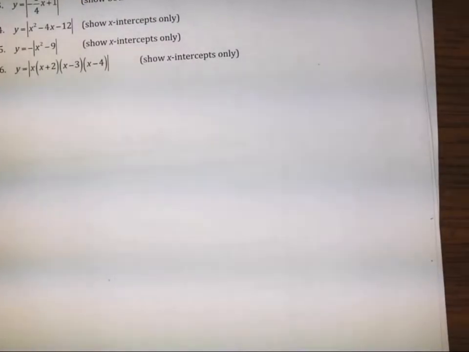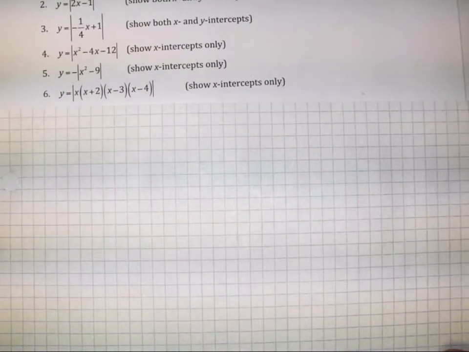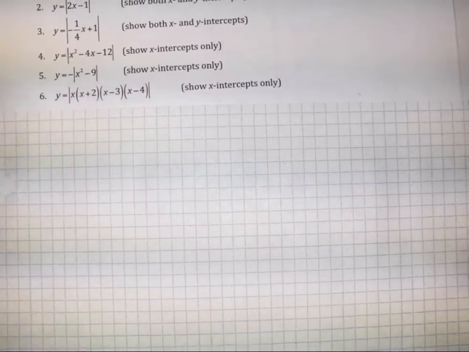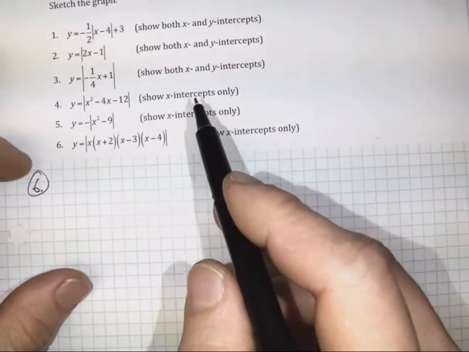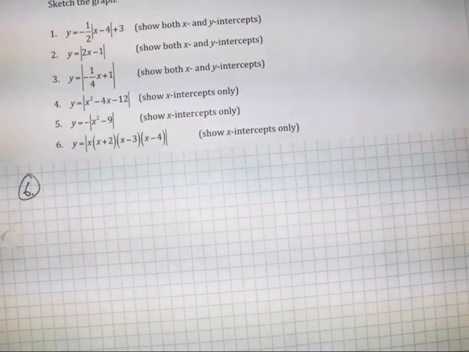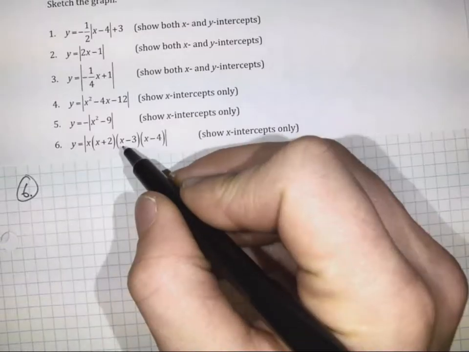So looks like we have one last question, which is question number 6. Oh, I guess we didn't have to show the y-intercepts for the last ones. I think it's good standards and practices, but you don't really have to. All right.